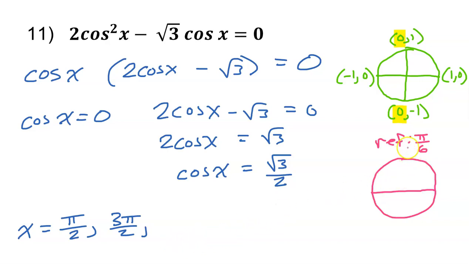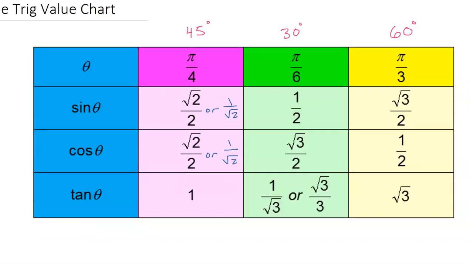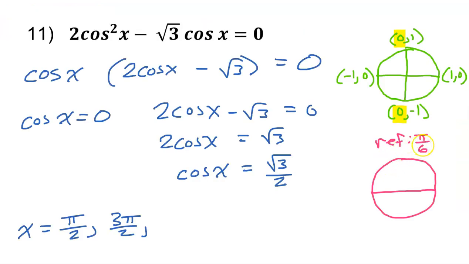All right, I gave you time to think about it. Hopefully, you were thinking the reference angle is pi over 6. Cosine of what angle is radical 3 over 2? If you have the values on this chart memorized, then you know that the cosine of pi over 6 is radical 3 over 2. So that's why the reference angle is pi over 6.